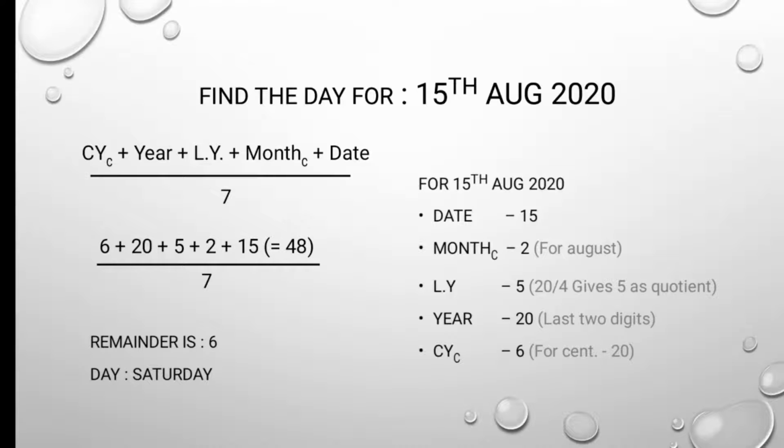We've seen in the previous slide that for 6 the day was Saturday, and 15th August 2020 was a Saturday. Similarly, you will be able to calculate the day for any given date, be it 14th November 1531. Whatever the date is, you will be able to tell what day it was on that date.